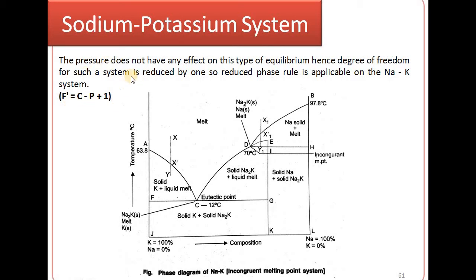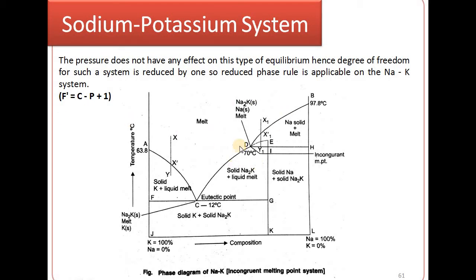We are using this rule because we are studying solid and liquid phases, so pressure has no effect on this type of system. So the degree of freedom for such a system is reduced by 1. So the reduced phase rule is used for this condensed phase system, according to which F' = C - P + 1.